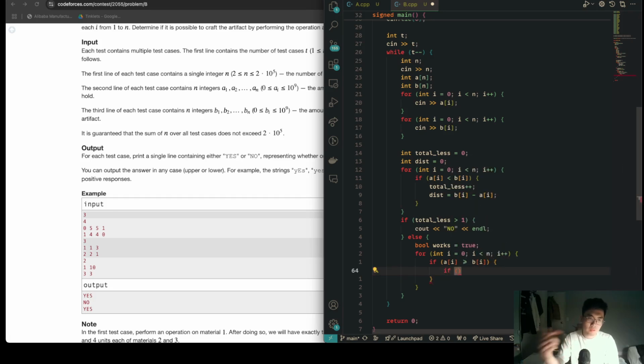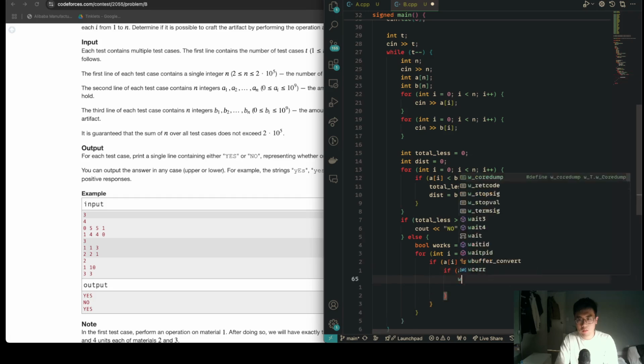So for the ones that are greater than b i, if a i minus this is less than b i, works equals false and break.